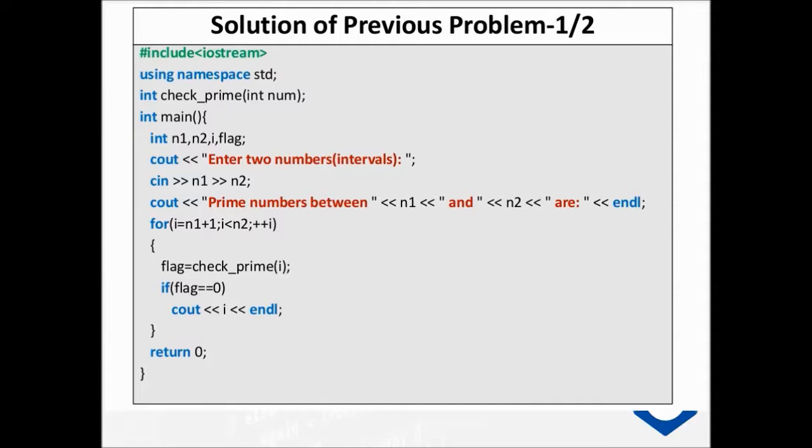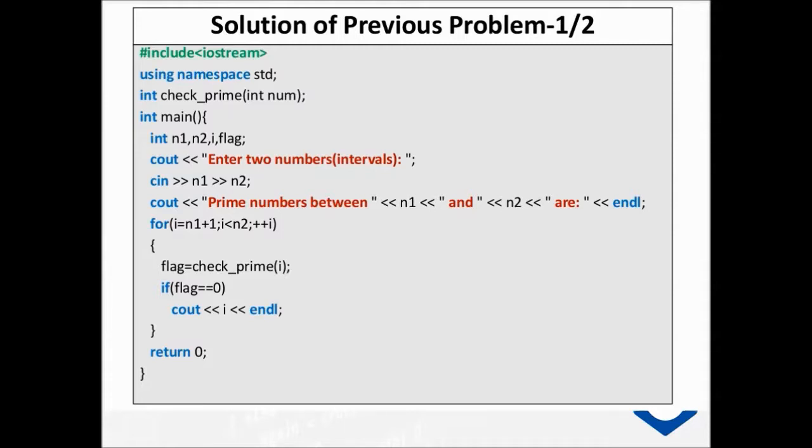Then we display the prime numbers between n1 and n2, and for displaying the prime numbers we use a for loop: for i is equal to n1 plus 1, i less than n2, i plus plus. Then we write the body of the for loop. Flag is equal to check prime. In the body of the for loop we call our function named check prime with the argument i.